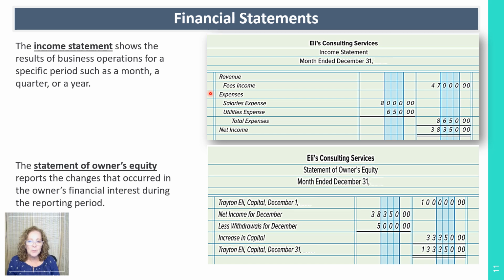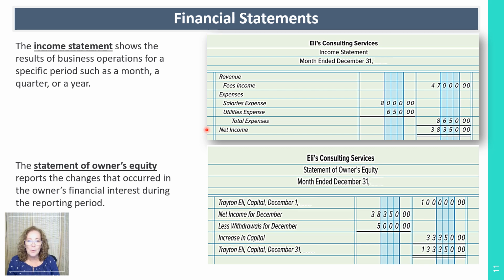The income statement starts with the header section where we list the name of the business, the name of the financial statement, and the time period on the third line. In the body of the income statement, we list the revenue and the expenses for the business and calculate the net income or profit by subtracting the expenses from the revenue.